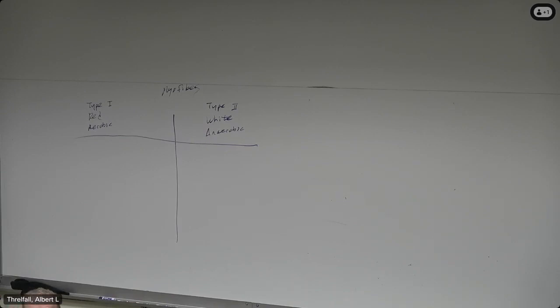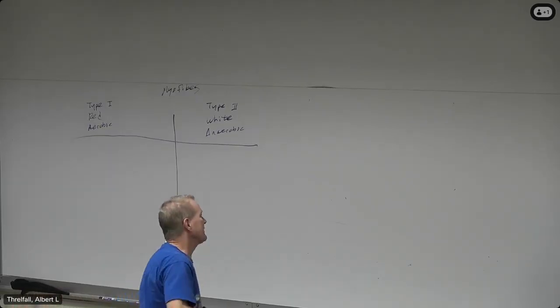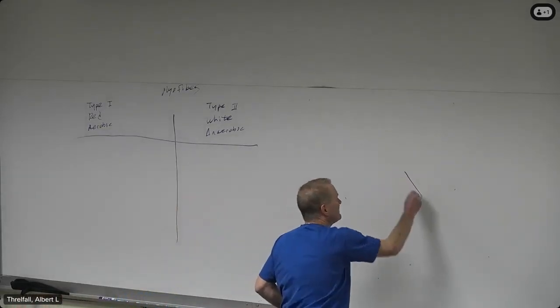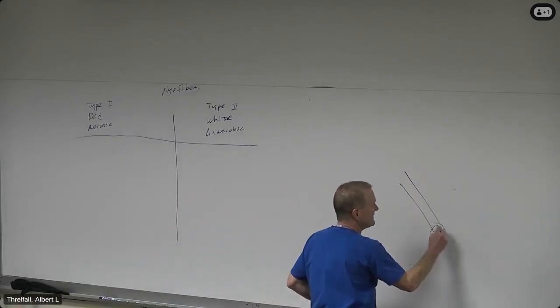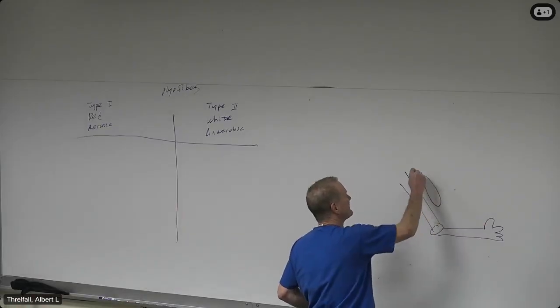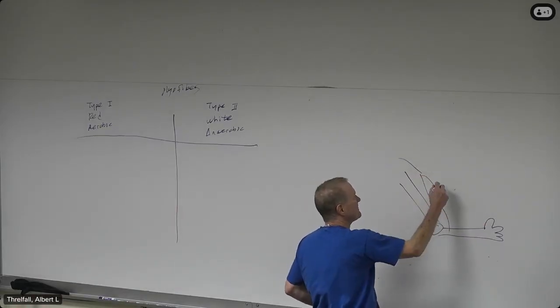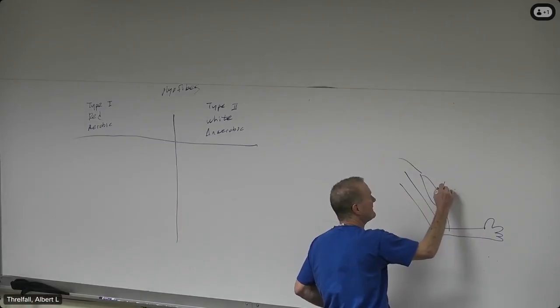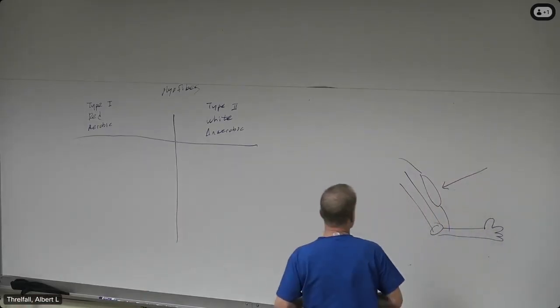The type 1, type 2 part has to do with which fibers you use first. Fibers, motor units. So mentally, you need to go back to this. You can flip back in your notes and see it if you want to. We were talking about characteristics: irritability, contractility, elasticity, extensibility.